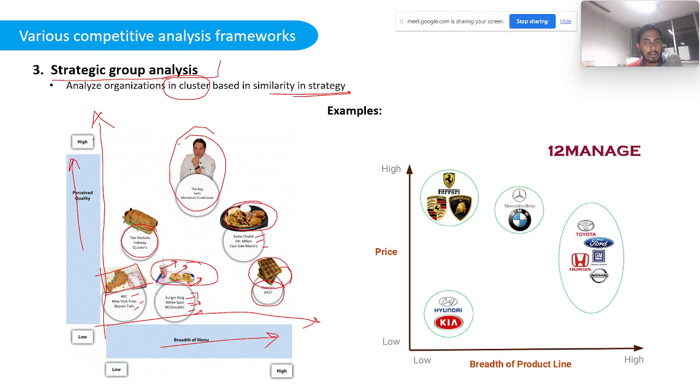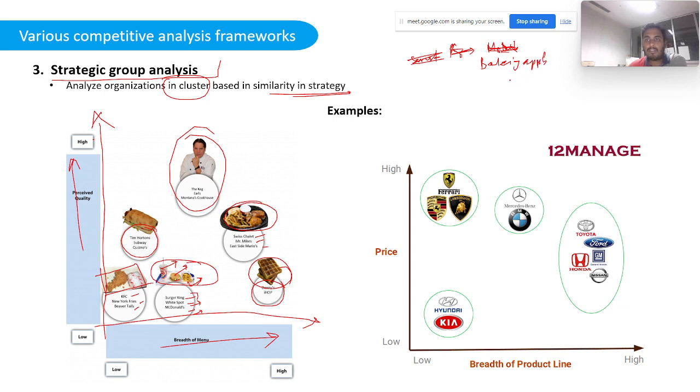So for you, as an organization or as a designer who tries to enter, or define new strategies or new features, let's take a different example. For example, if you want to develop a banking application.